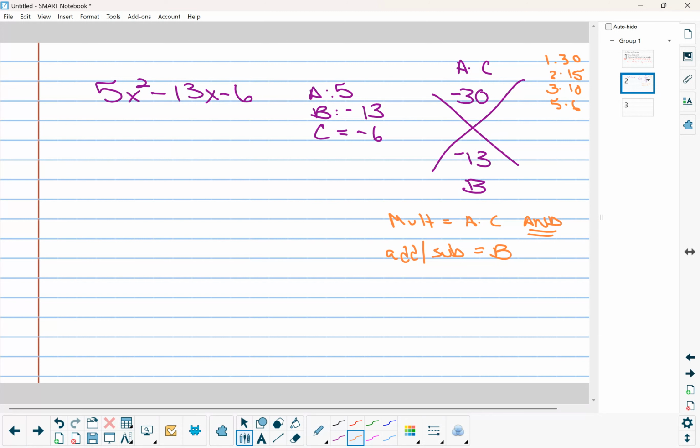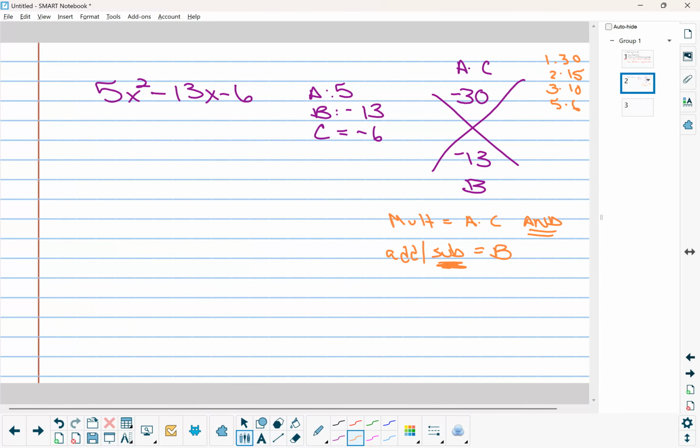So maybe one thing we haven't talked about: if this is a negative number and we're multiplying 2 things to get to it, these 2 things have to be different signs, which means we're now going to be subtracting to get to our b value, right?